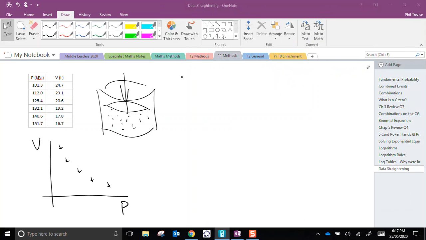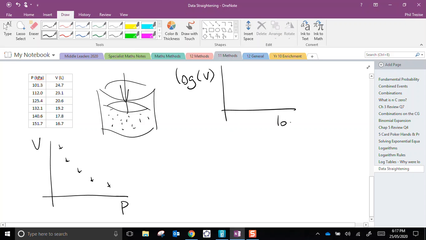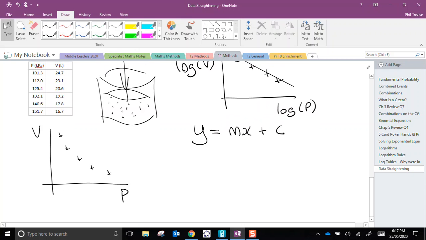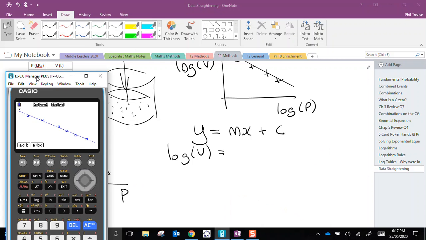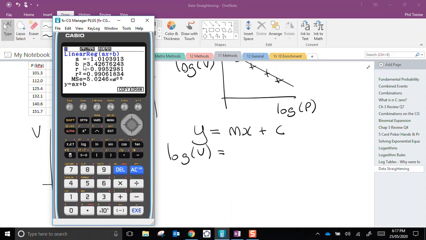So if I do the logarithm of V versus the logarithm of P, my data points did this. I had a straight line. The equation of my straight line is y equals mx plus c. Nice simple formula. My y variable is the logarithm of V. The gradient, if I go back to my calculator for a moment, the gradient A is negative 1.01.